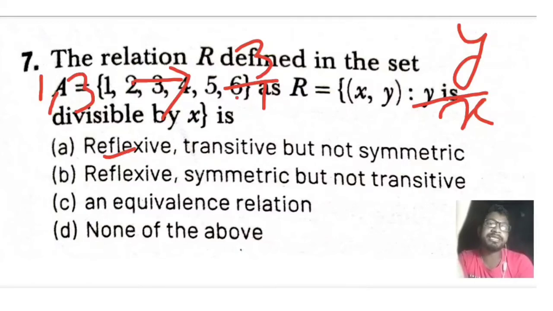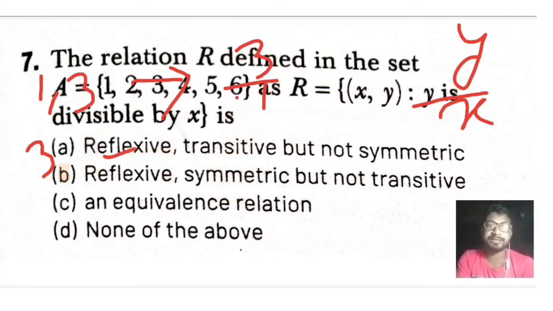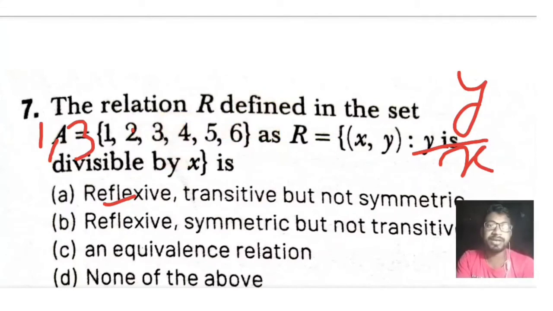Now take 3 and 6, again it's divisible by 3. Now take 1 and 6, so again it's divisible by 1. So it's transitive, so only not symmetric. So only option A is the correct answer.